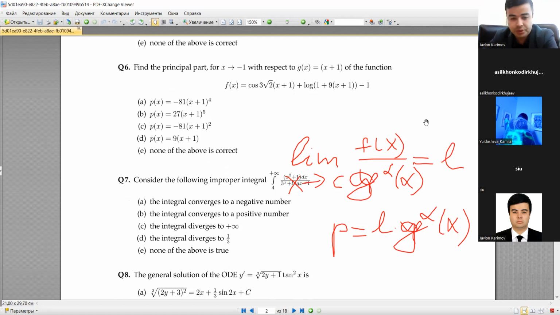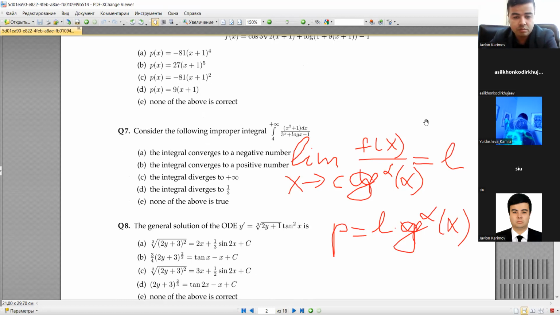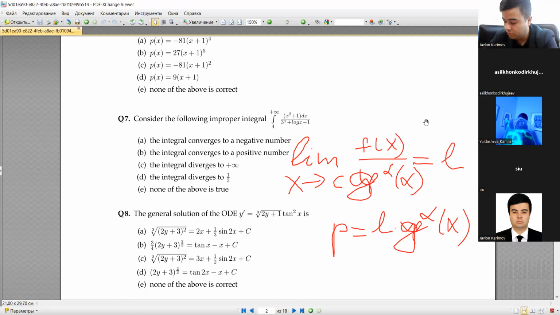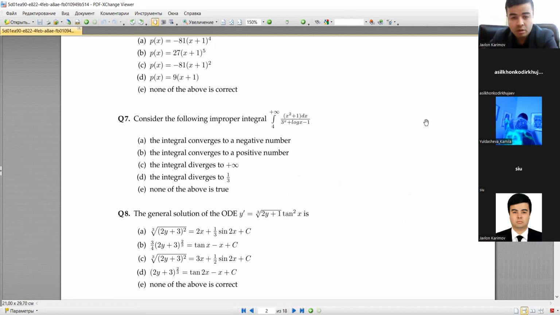Okay, now consider the improper integral here. So how to find this improper integral? Whether it converges or diverges, we need to determine. What should we use here?